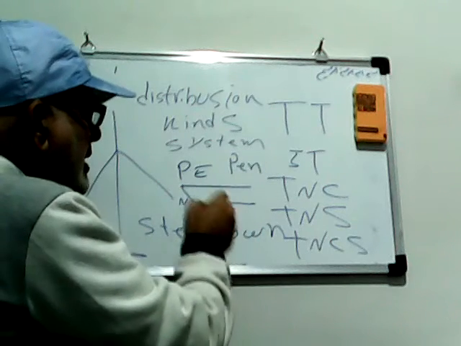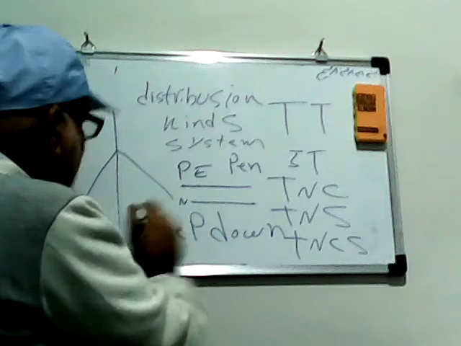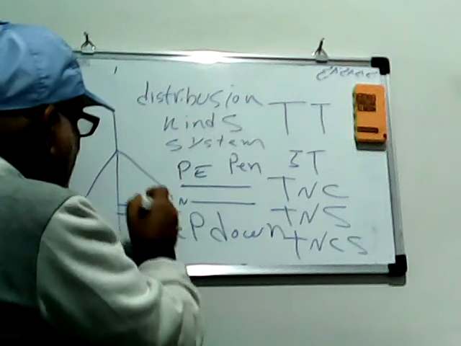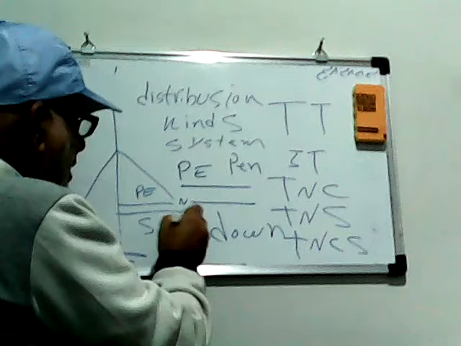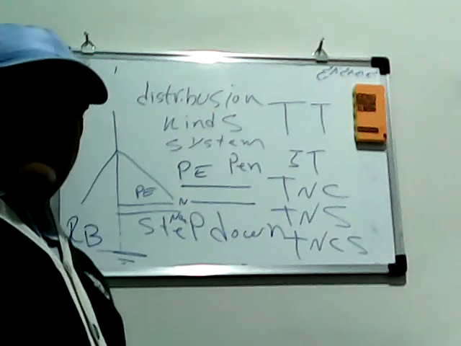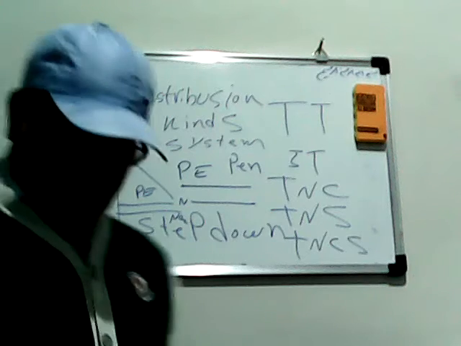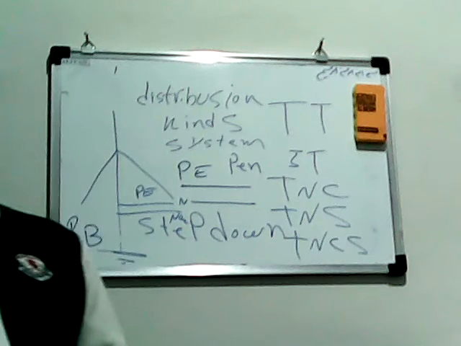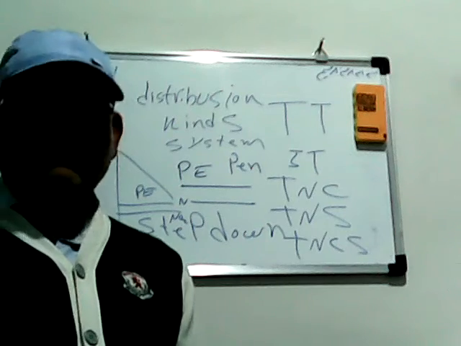If the third letter is S, it means we separate both of them; PE and neutral are separated and isolated from each other. That explains the meaning of the letters of the distribution system types.